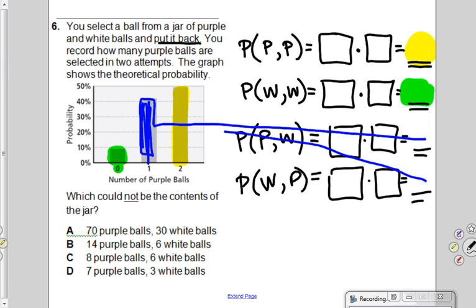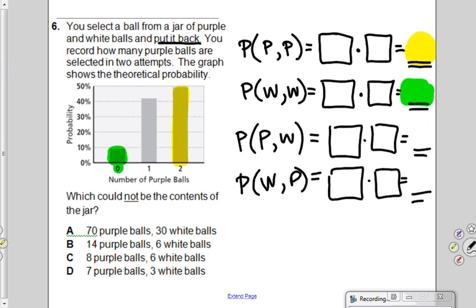So let's try the different options that they gave us to see what's going to give us the yellow, blue, green bars. All right? So the blue one would be the sum of these two. Could there be 70 purple and 30 white? If there were 70 purple, what would be the probability of getting purple? 70%, right?